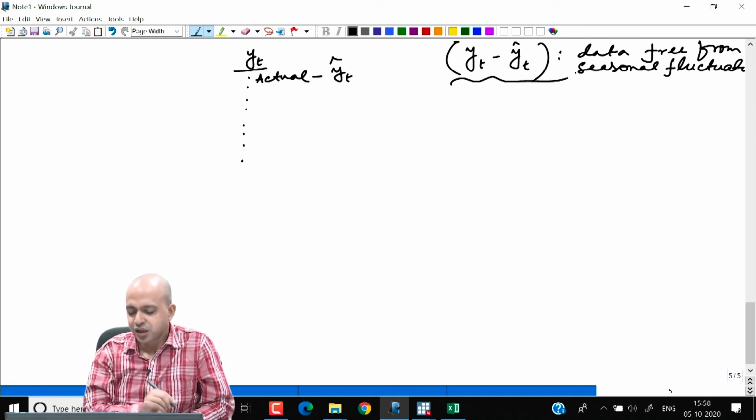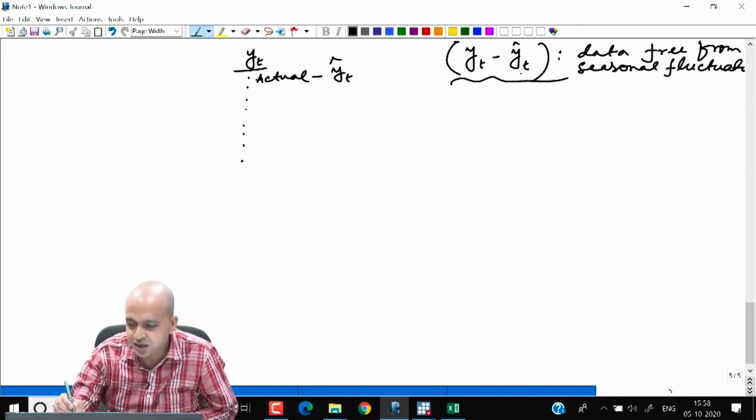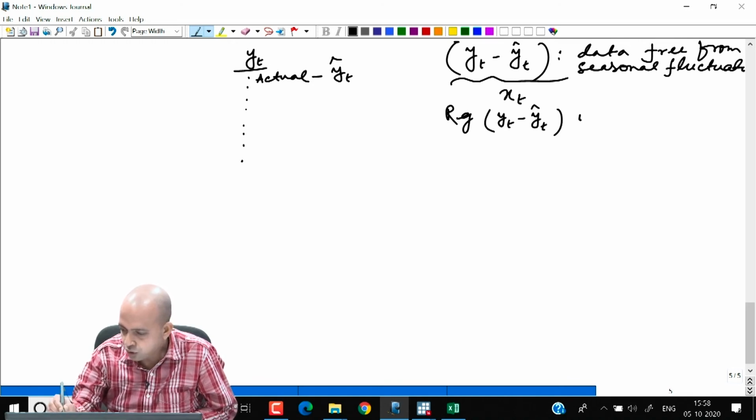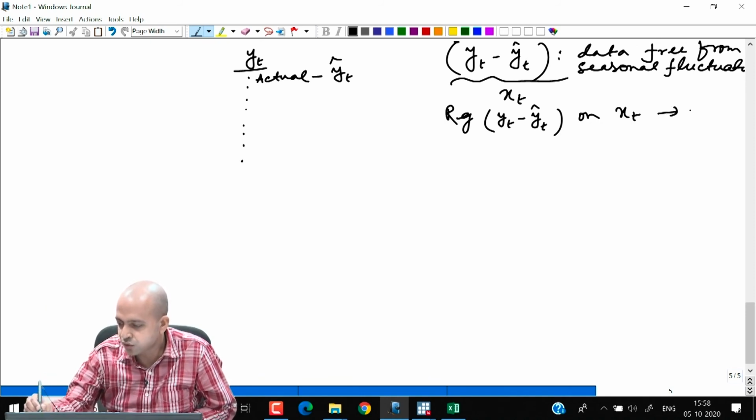So how will you check that? If you regress Yt minus Yt hat on Xt, then you get a coefficient.